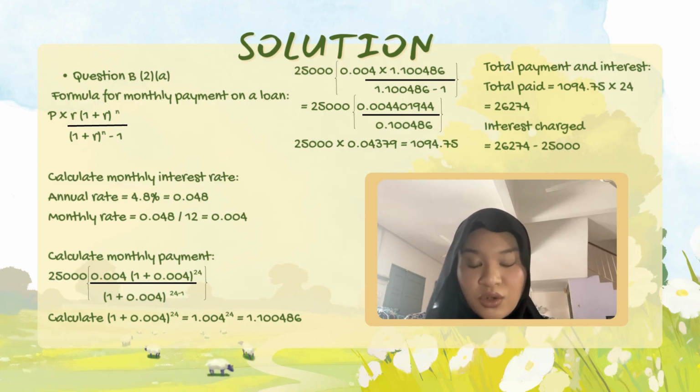Total payment and interest. Total paid equals 1,094.75 times 24 months, which equals 26,274. And for the interest charged, we must subtract the principal from the total payment: 26,274 minus 25,000.